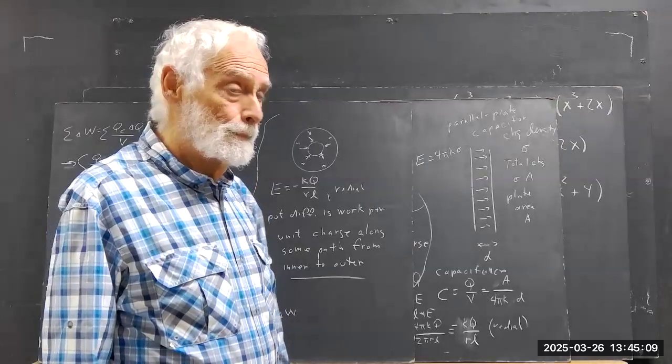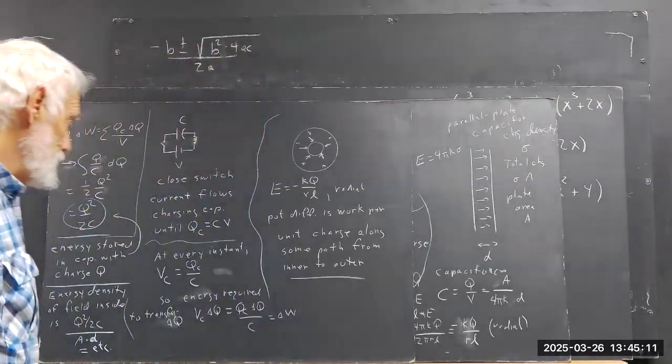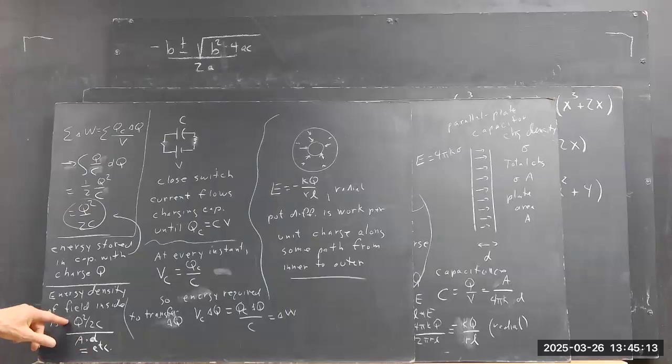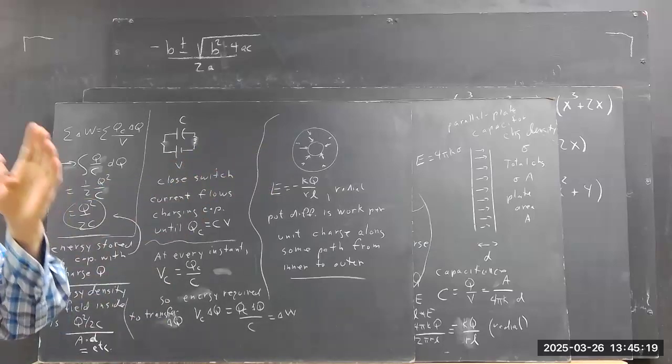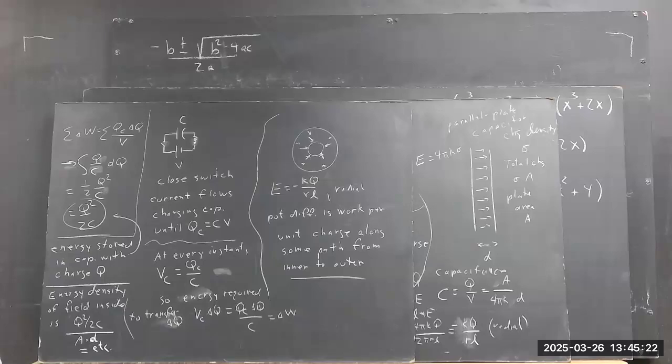Okay. So we put all that together and we get an expression for the energy density of an electric field. It doesn't apply just to fields between the plates of a parallel capacitor.